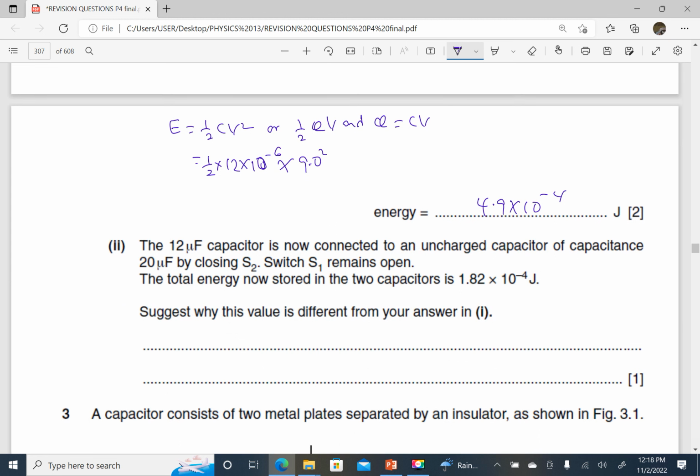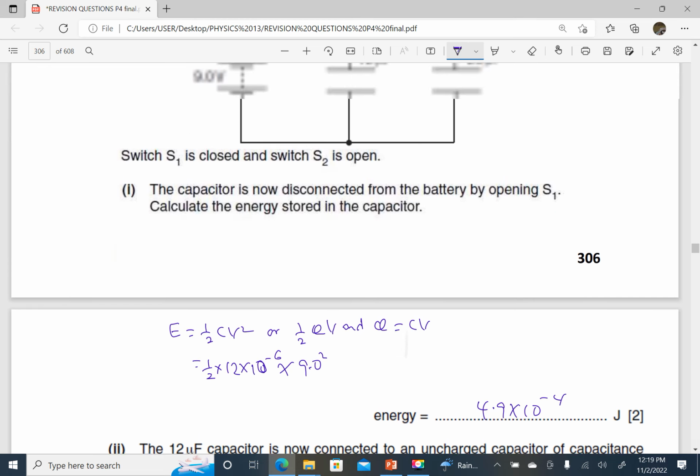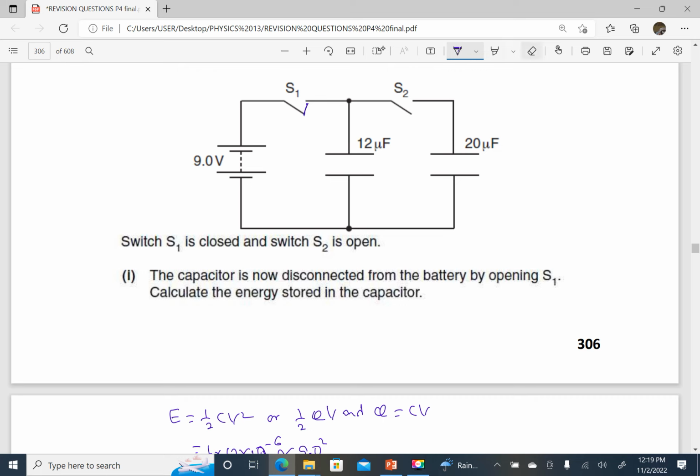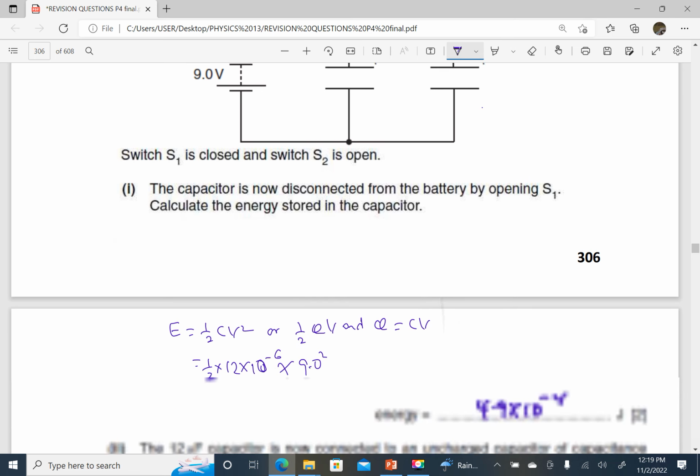The 12 microfarad capacitor is now connected to an uncharged capacitor of capacitance 20 microfarads by closing S2. So they have opened S1 and they are now closing S2, so that this is going to share its charge with the 20 microfarad capacitor.